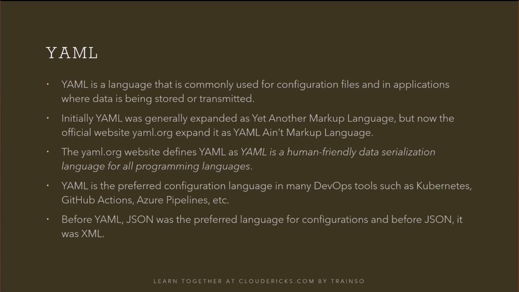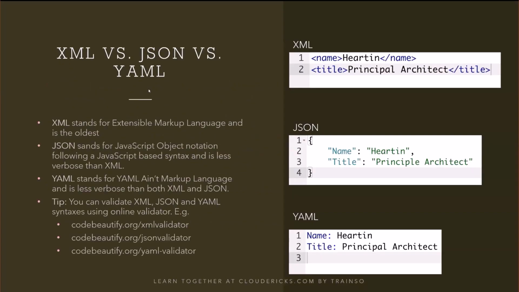The YAML.org website defines YAML as a human-friendly data serialization language for all programming languages. Before YAML, JSON was the preferred language for configurations, and before JSON, it was XML. This is a quick comparison of the syntaxes of XML, JSON, and YAML.